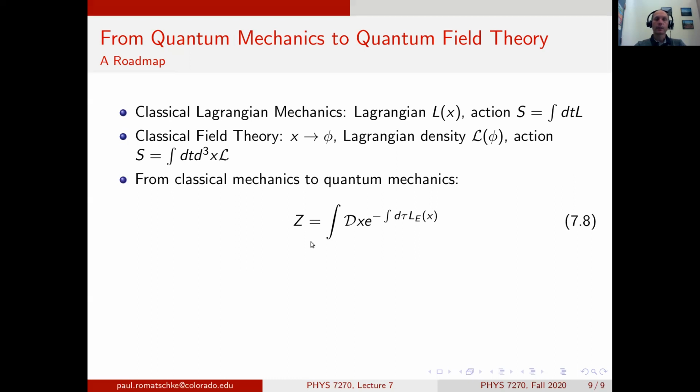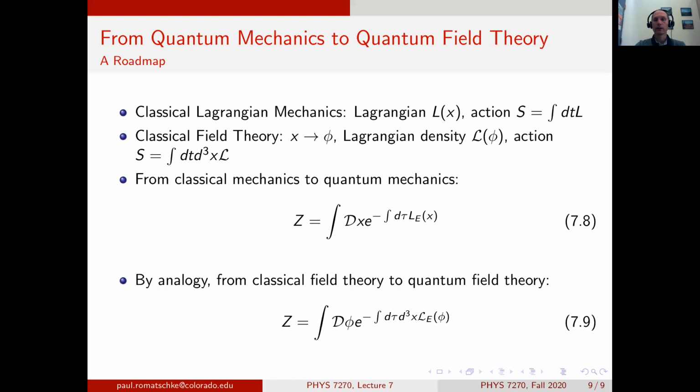Quantum mechanics was set up by just using the fact that we have classical Lagrangian mechanics, writing down the exponential of minus the action and letting the path integral, the infinite dimensional integral over the fields, do the heavy lifting to give us a quantum mechanical object for the partition function. Essentially, we can exploit this and write down an expression for quantum field theory that follows exactly the same idea.